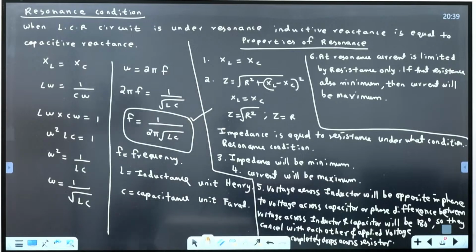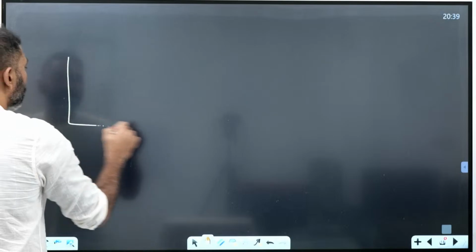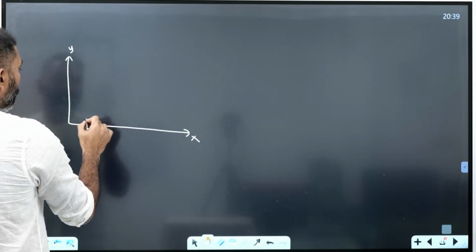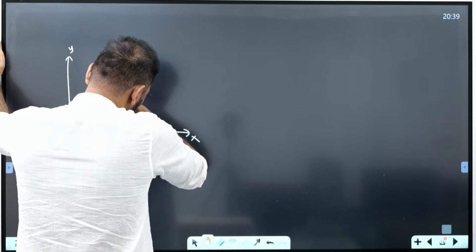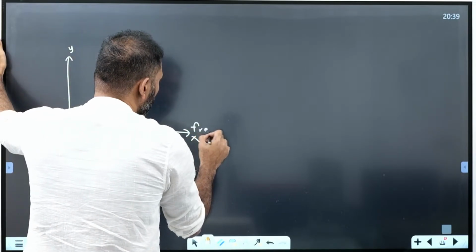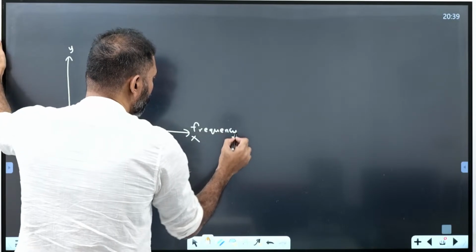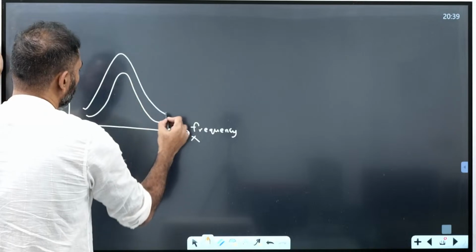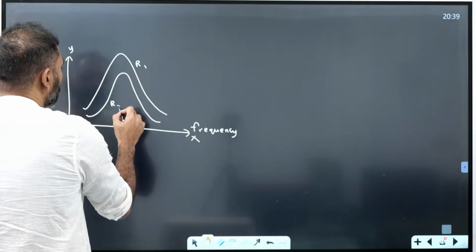Next, in the graph, on the x-axis we have frequency. We got two graphs. This for resistor R1, this for resistor R2.